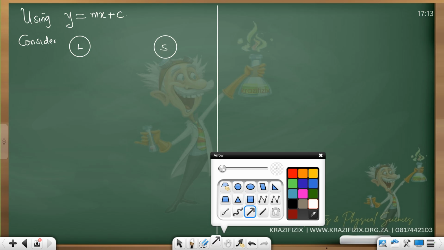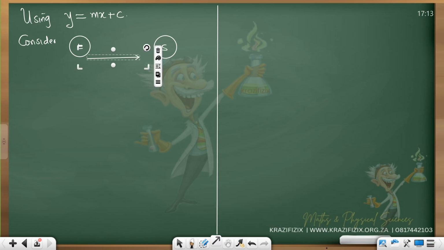Let us consider the listener moving towards the source at constant speed. The source is stationary, so Vs is equal to 0. This time around, I don't even know my values, so let's work together.